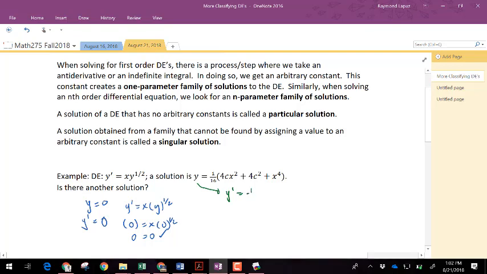What's a derivative of the solution that I got here? 8cx. c is constant. Plus what? Is that right?